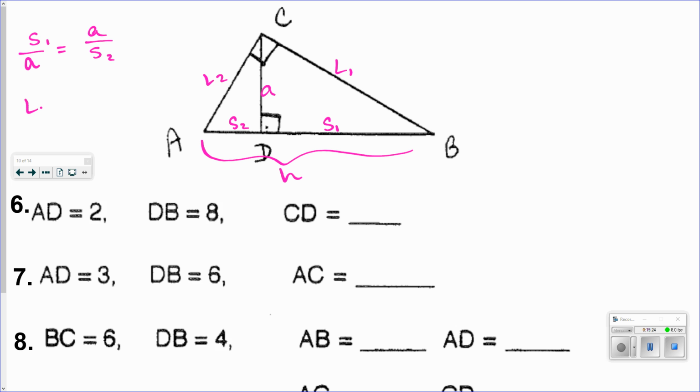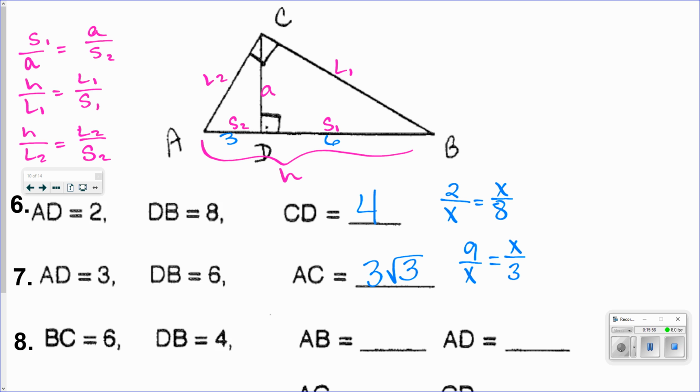We can do it with our legs. Number 6 is separate from number 7, so when we write numbers for number 6, we erase it again for number 7. I want y'all to do 6 and 7. Try and do 6 and 7 without me. See how getting some on your own goes.